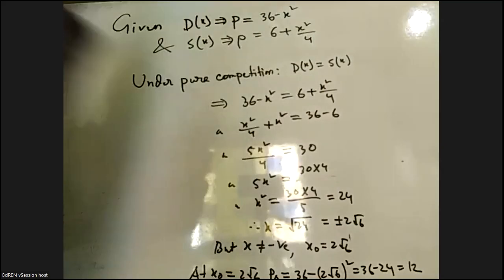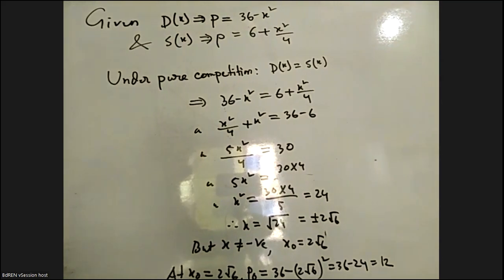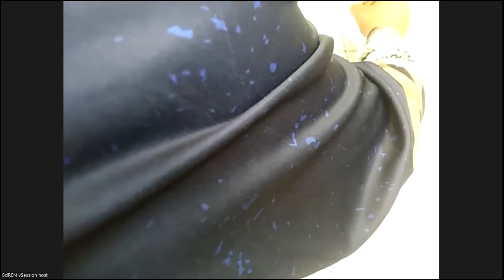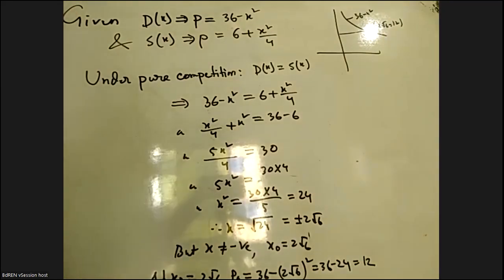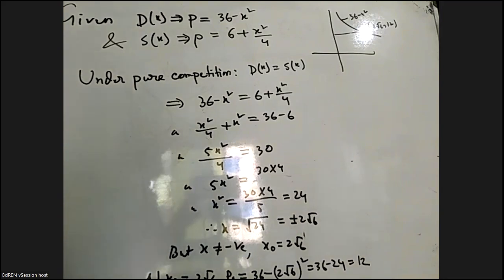If we draw the curve, suppose this is the demand function 36 minus x square, and the equilibrium point will be 2 root 6 comma 12. This area will be given by the consumer surplus.